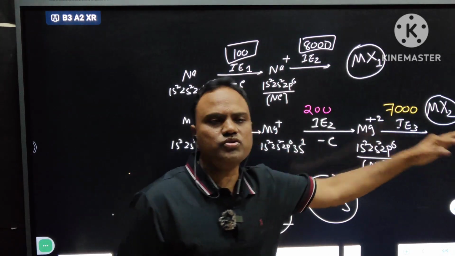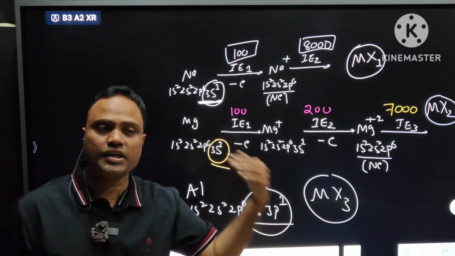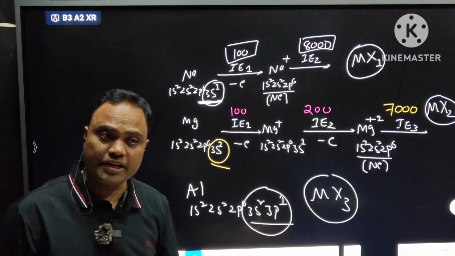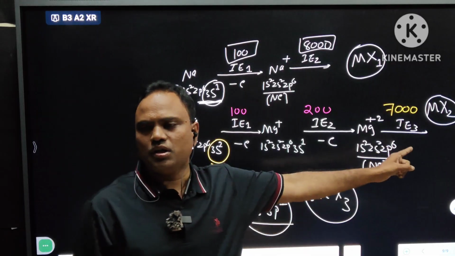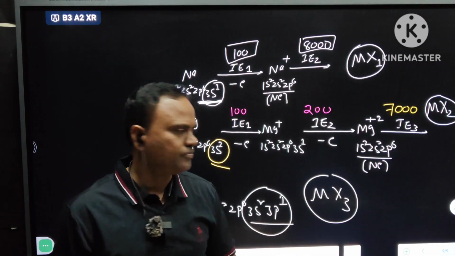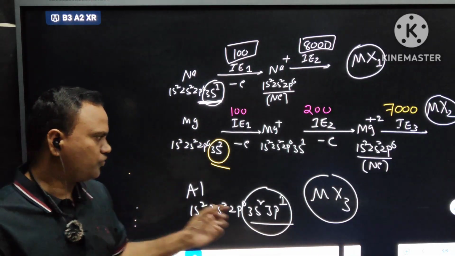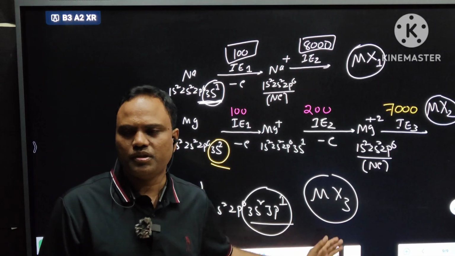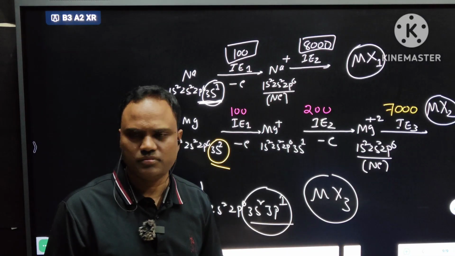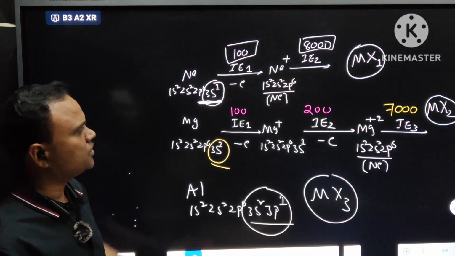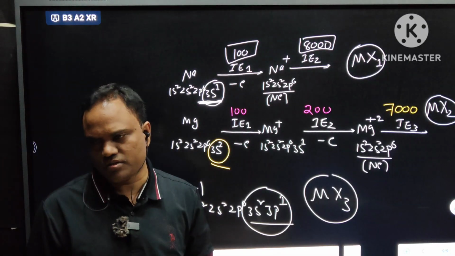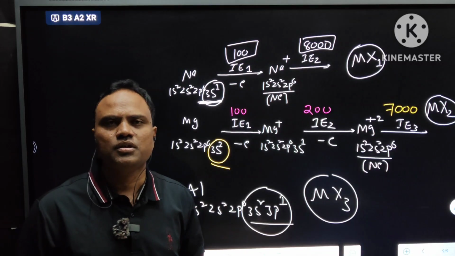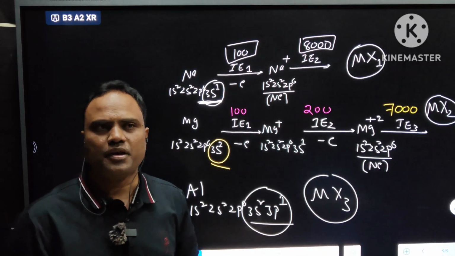The compound whose third ionization energy is very high: identify the formula of that compound. MX2. The element whose fourth ionization energy is very high: identify the formula of that compound. MX3. Clear? Here only I covered one model question. Right? Online students, are you getting or not?